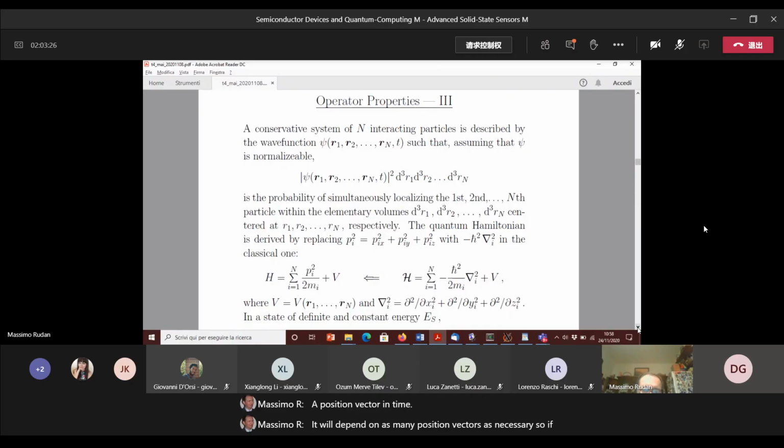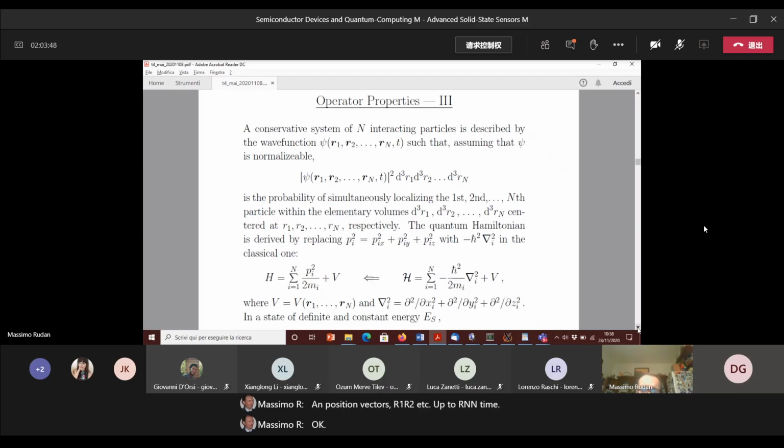So if there is a number of particles that is equal to some n, we shall have a wave function that depends on n position vectors, R1, R2, etc., up to Rn, and time. Okay?